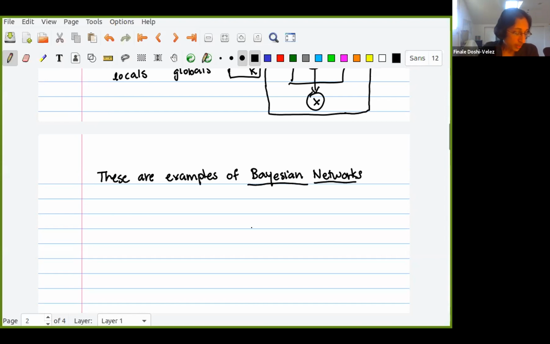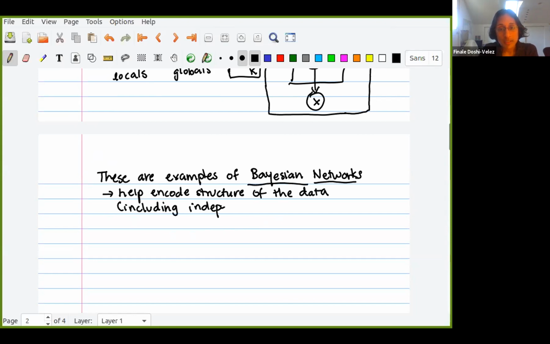And they're useful for encoding the structure of the data, including, as we're going to see, independence relationships.